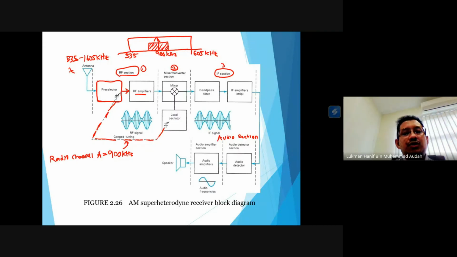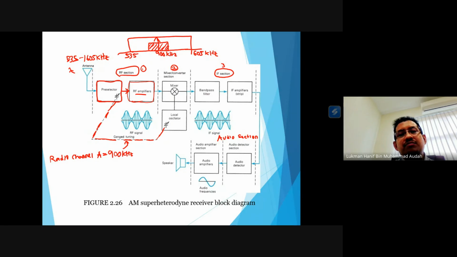This frequency band, centered at 900 kilohertz in my example, will go through the RF amplifier, and it will only amplify the signal that we pass through it.